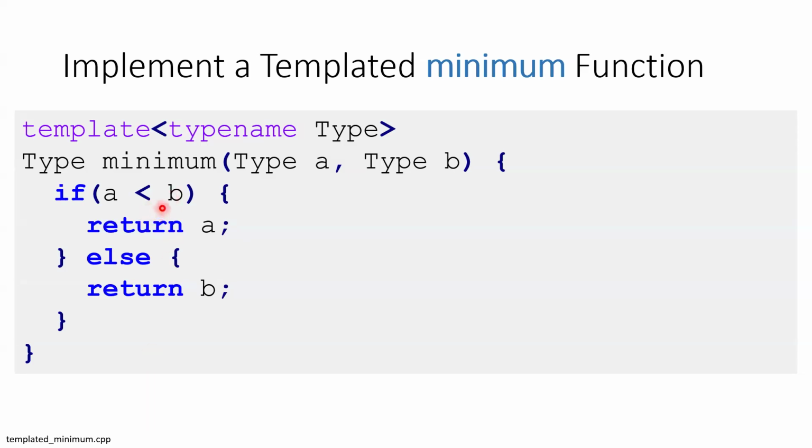So if the operator less than is defined, because you're using the operator less than. If you're using the greater than, then it has to have the greater than operator defined. That's just how you code it.